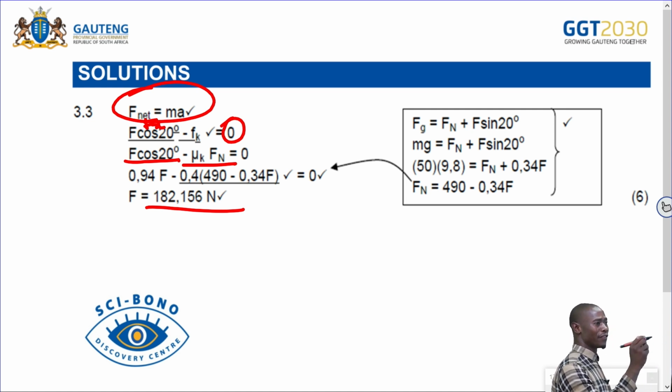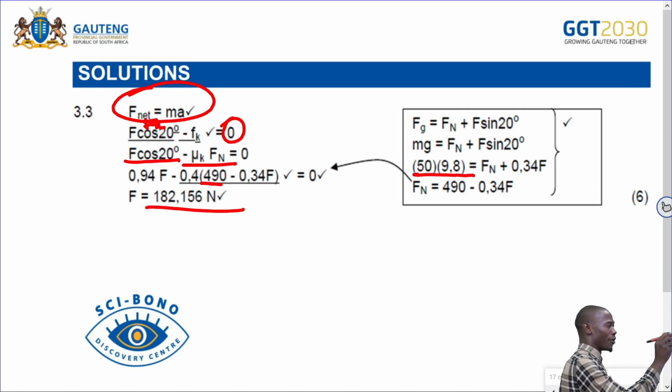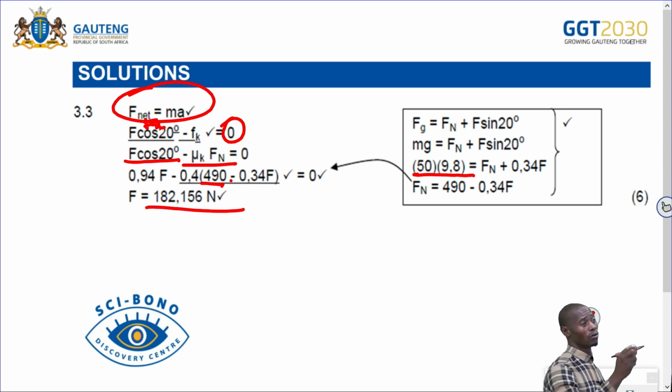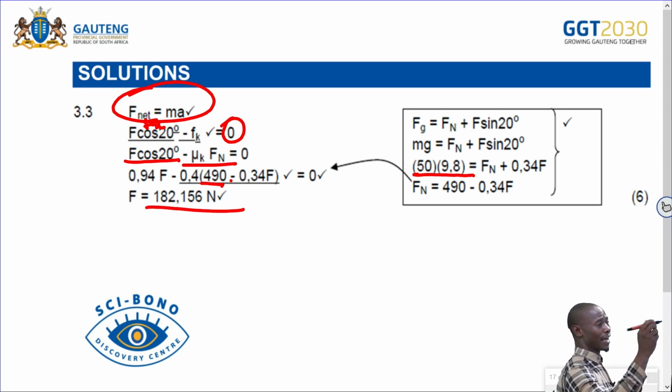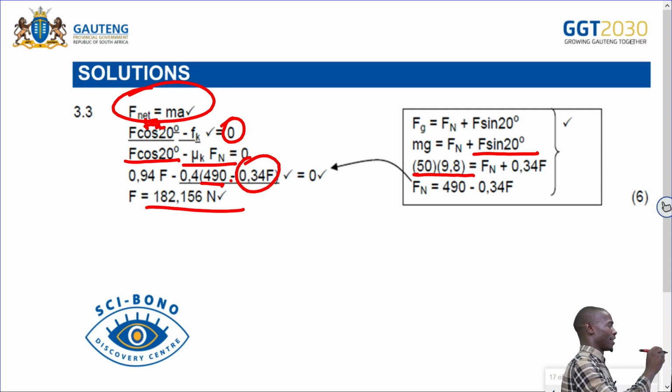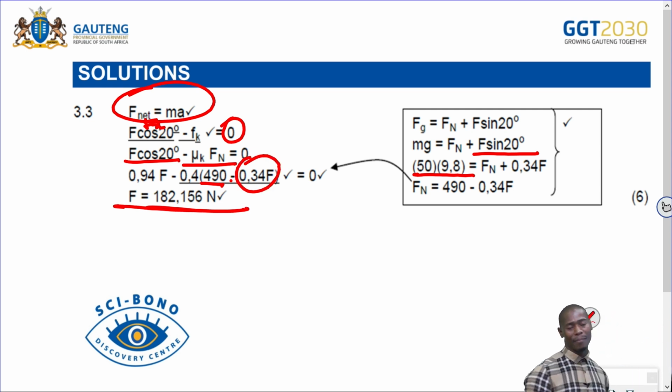So m is 50 times 9.8, which is 490, minus your Fy, which is F sine theta, so it's F sine 20. And then F sine 20 gave us this, right?